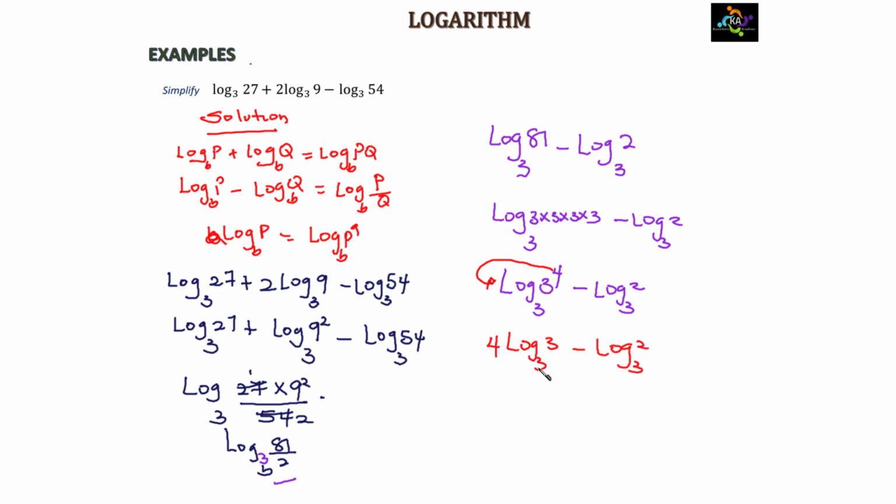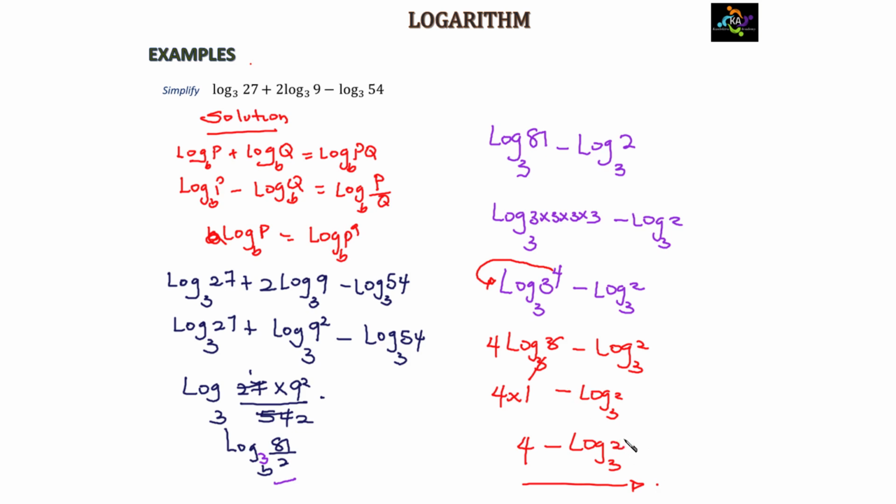Log 3 base 3 will cancel out. Remember I told you log a base a is equal to 1. Definitely log 3 base 3 is equal to 1. Then you have 4 times 1 minus log 2 base 3. Then our final answer will be 4 minus log 2 base 3. That's on that question. If you follow the pattern from what I gave to you earlier, this will be the final answer you are going to get.